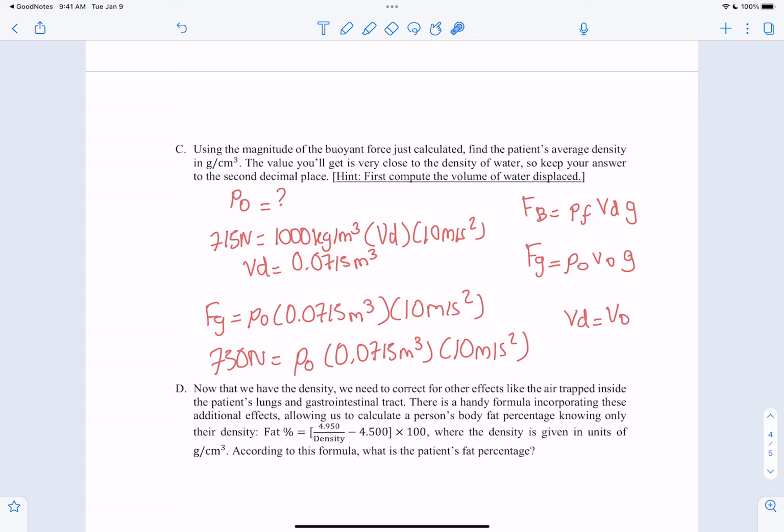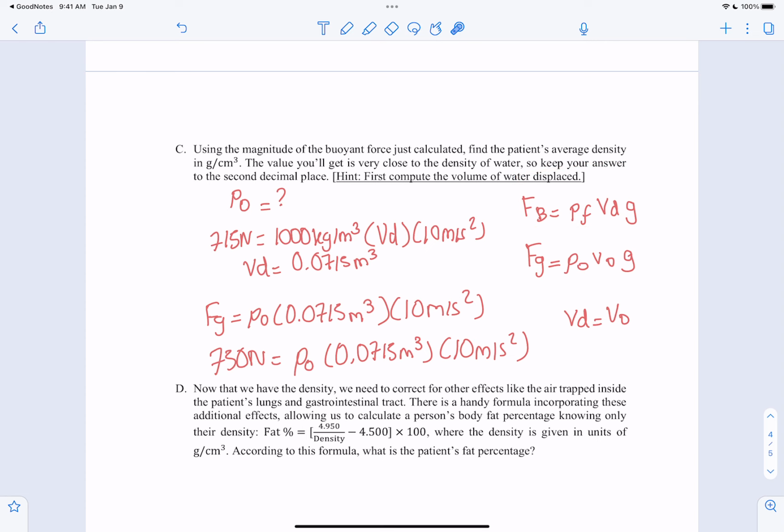I know that the fluid density, the water, is 1,000 kilograms per meter cubed, and I'm trying to figure out the density of the patient. How can I relate the volume of the fluid displaced to the volume of the object? I look at these two types of equations here.